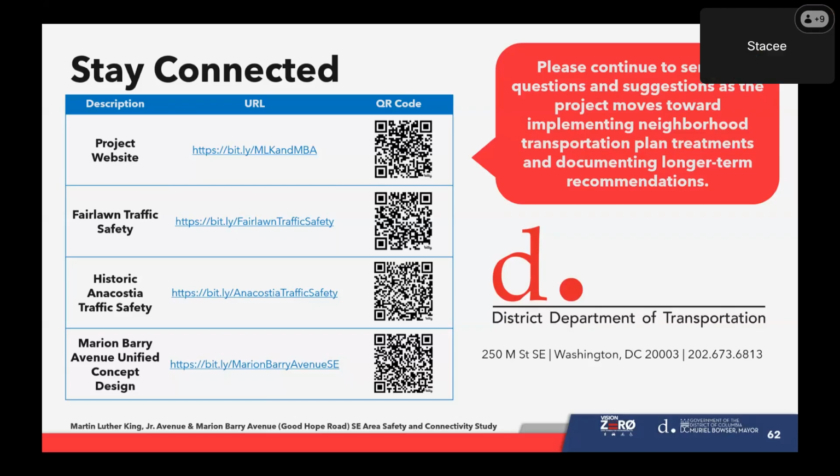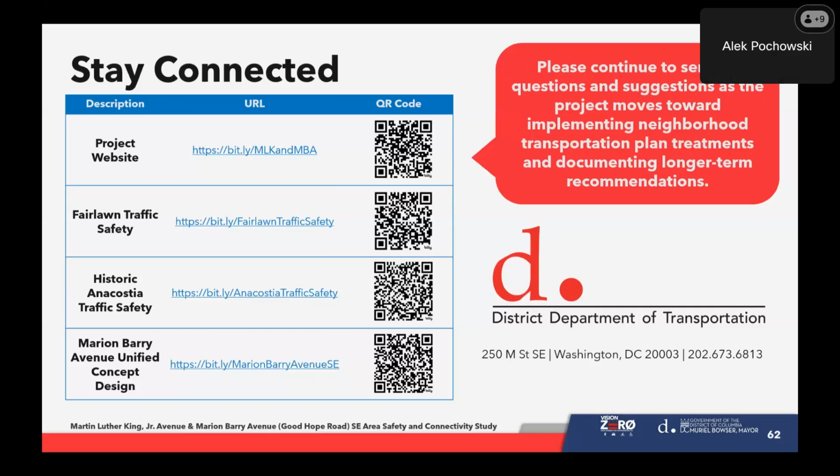The comment's referring to the 1600 block of Marion Barry Avenue where the senior center is. Oh, okay, gotcha. So that's further down, east of Minnesota, right? Correct. Okay, so not part of this project, but yes.